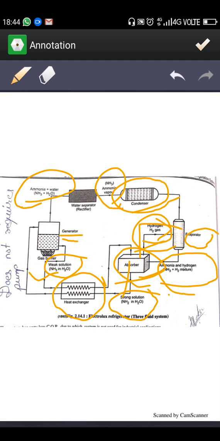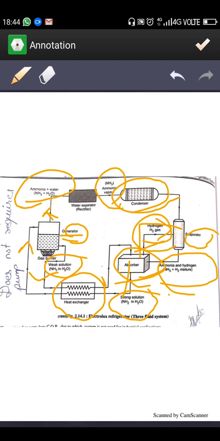Here, after heating, this strong solution comes out from this line, and because of this heating the ammonia along with the vapors moves to the upward side. So this weak solution already has much heat.